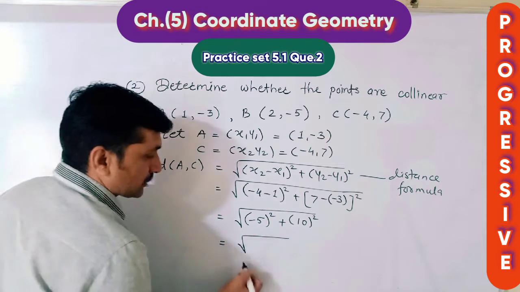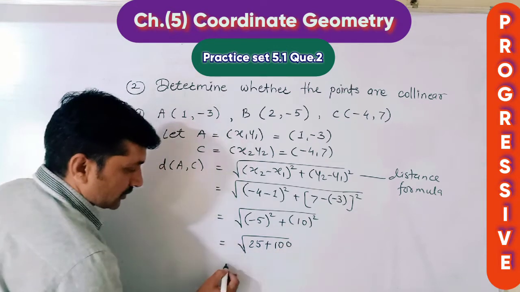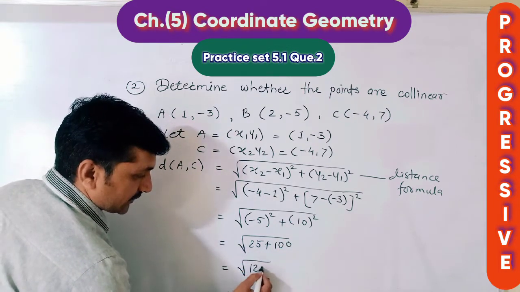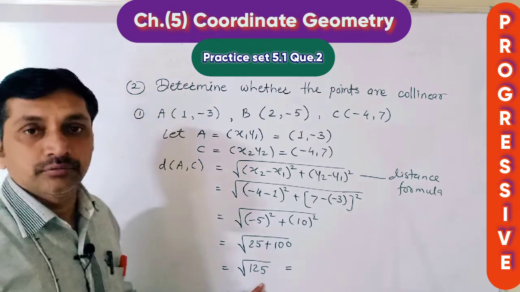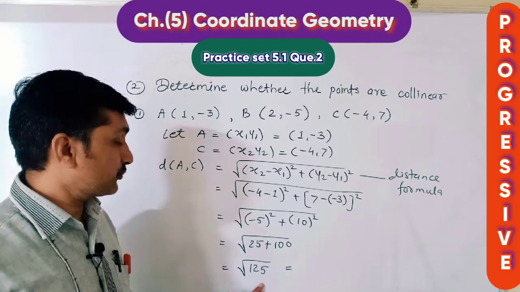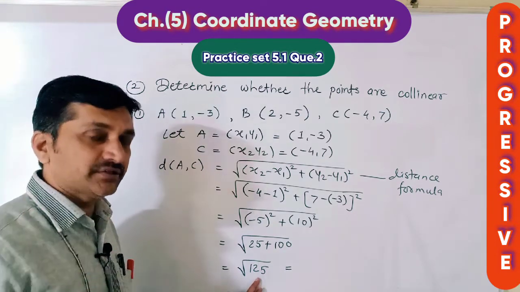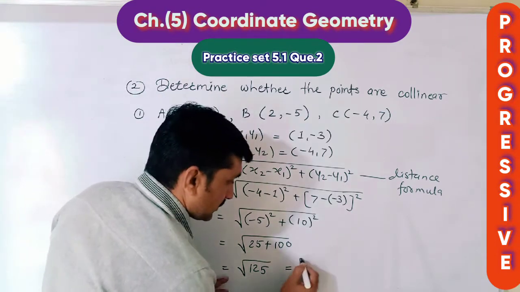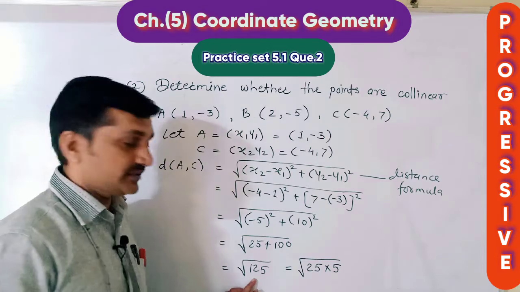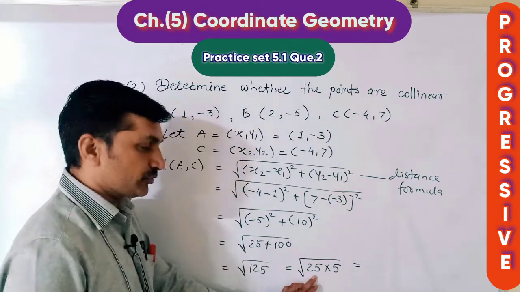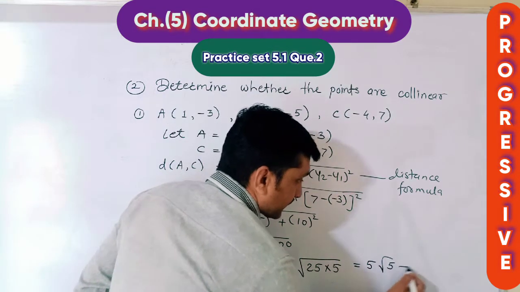Now write the squares: minus 5 square is 25 plus square of 10 is 100. It is equal to the addition, 125. 125 is not a perfect square, 5 fives are 25, 25 fives are 125. Now split this number. How to split this number? 25 fives. Now 25 is a perfect square, write its square root outside. Square root of 25 is 5, and root 5 is irrational, keep as it is. Number 3.